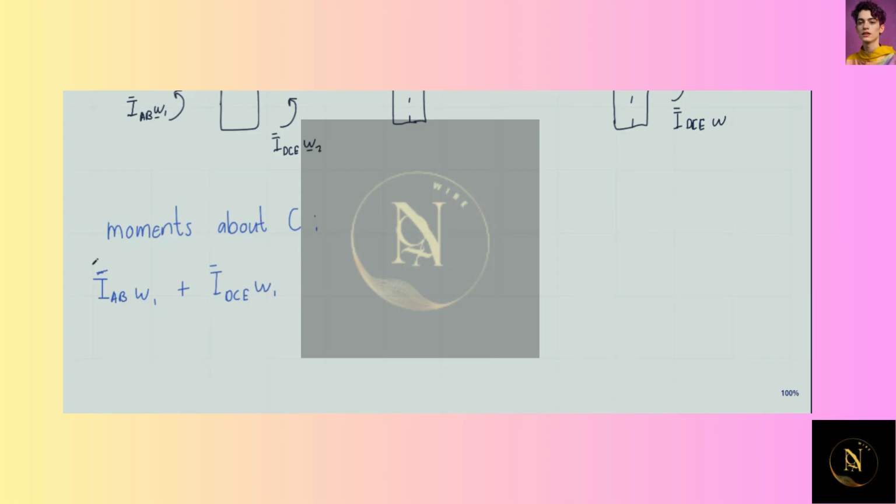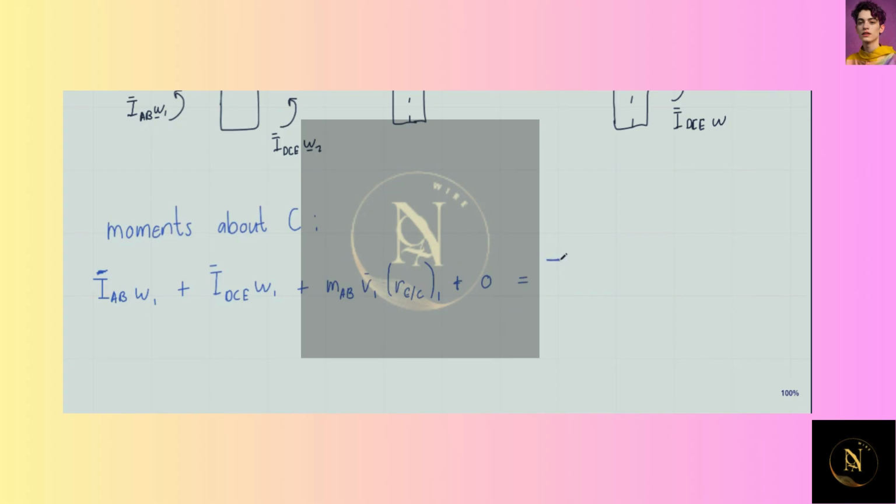So these are the moments for the initial position when the cord is still intact, plus MAB V bar 1 times R of G relative to C in the first position. And since AB is not free to move, that moment is 0.